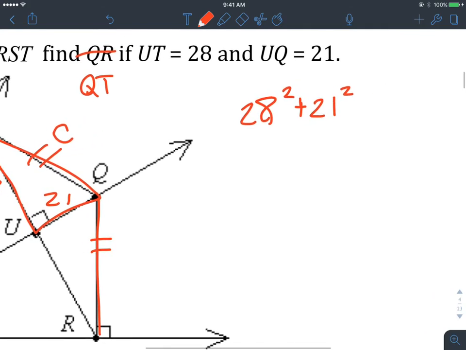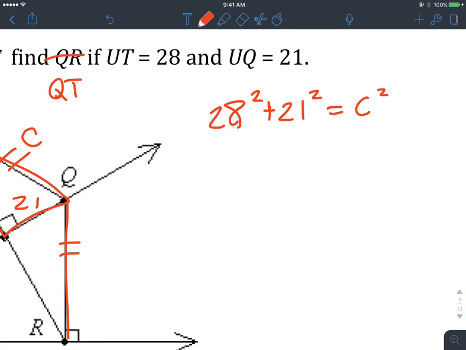So let's say 28 squared plus 21 squared equals c squared. That'll be 1,225 equals c squared. Not sure if that's a perfect square. Oh, it happens to be a perfect square. C is going to be 35 in this case.